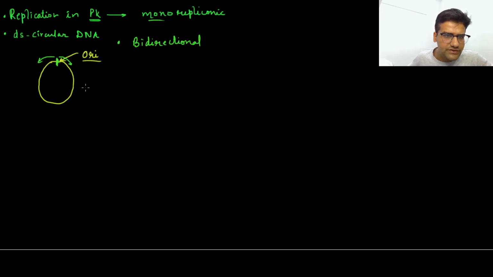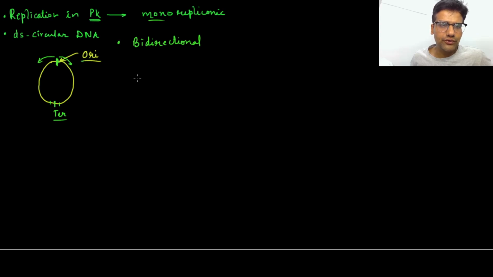The point at which replication starts is known as ori, or origin of initiation, or origin of replication. The point at which it terminates is called the termination site, or the ter site. There are a few termination sites at the opposite end of the ori in prokaryotes.